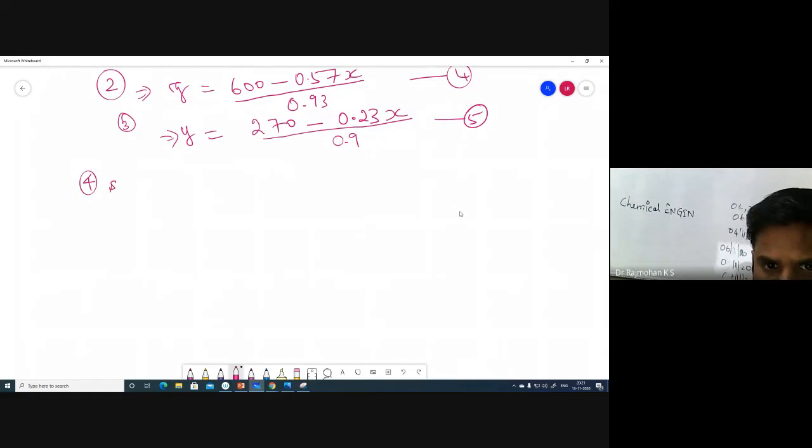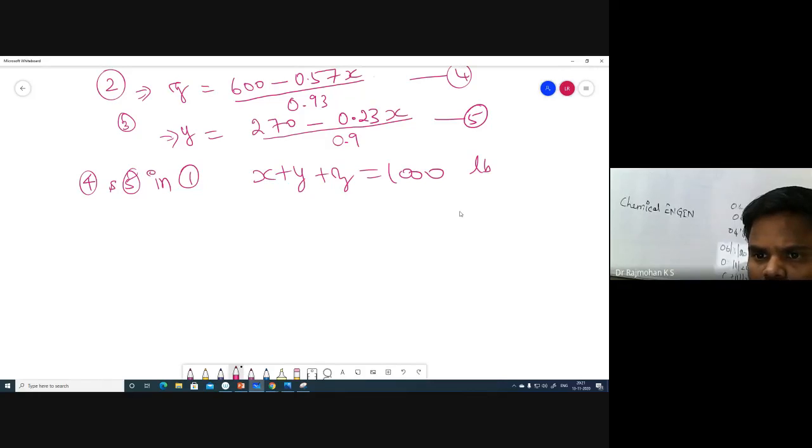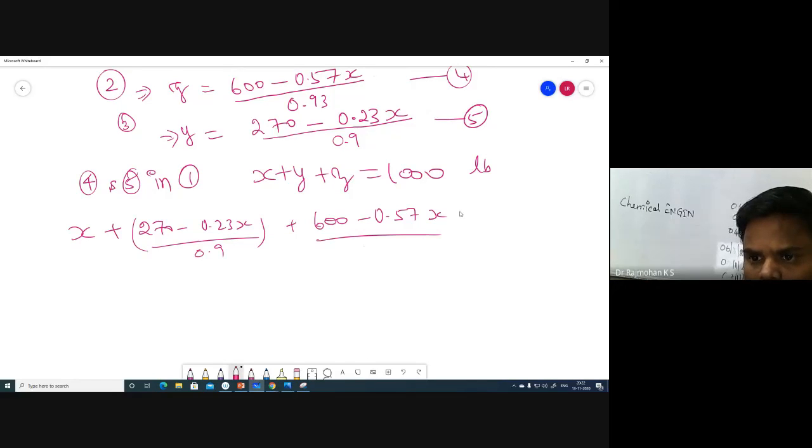Equation 1 is x plus y plus z equal to 1000, so we can write x plus 270 minus 0.23x divided by 0.9, plus 600 minus 0.57x divided by 0.93, equal to 1000.